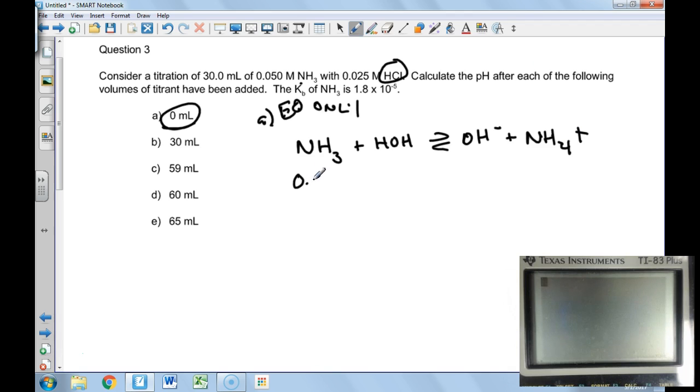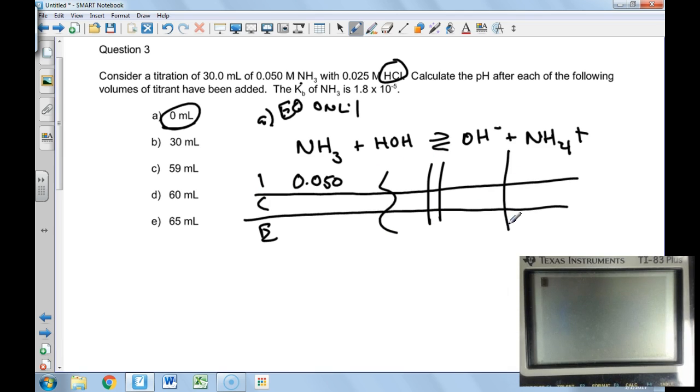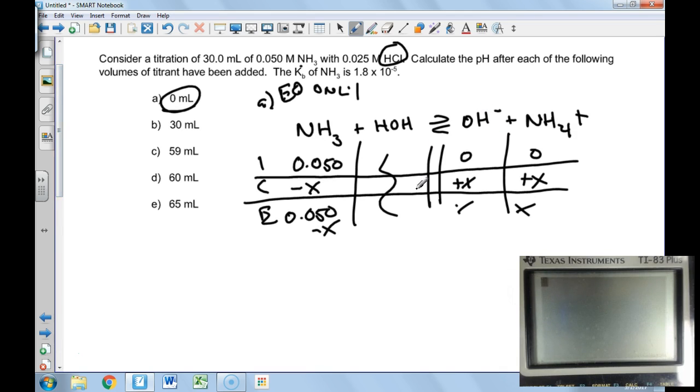Okay, so what's the initial concentration here? The initial concentration is 0.050. Let's set up the ICE table. The products start at 0 and 0, the change is minus X, plus X, plus X, so we get 0.050 minus X, X, X. Now to figure out the concentration of the hydroxide ion, we have to use Kb.